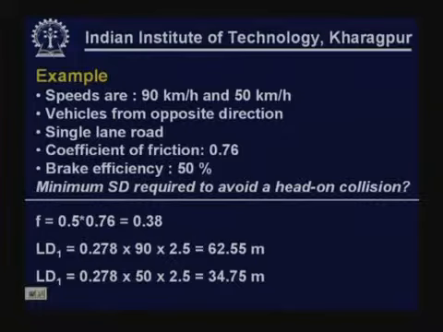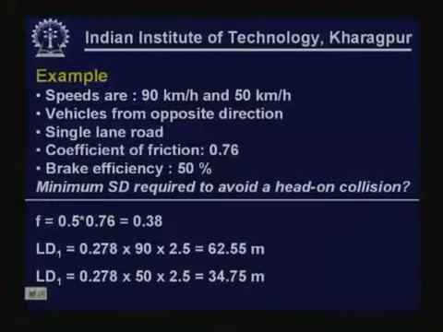Obviously, we have to calculate the SSD. Now, effective coefficient of friction is only 0.5 of 0.76, because the brake efficiency is 50%. So, that is 0.38, that will be the design value for the coefficient of friction. Now, we can calculate the lag distance for the vehicle travelling with 90 km speed.